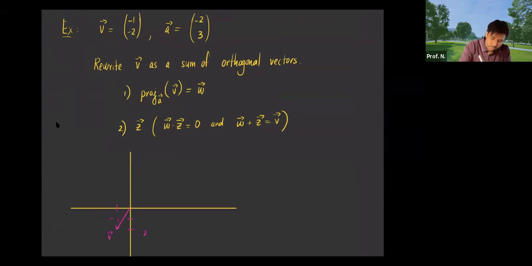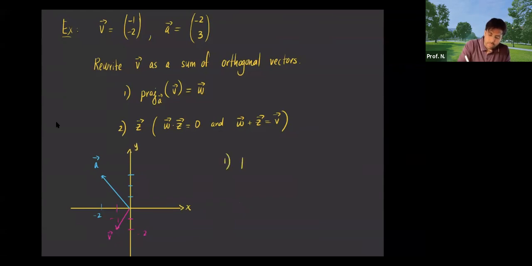So -2, 1, 2, 3. So I got some vector like this, and we'll see what happens here. So this is A, right? And let me make this a little smaller, X and Y.